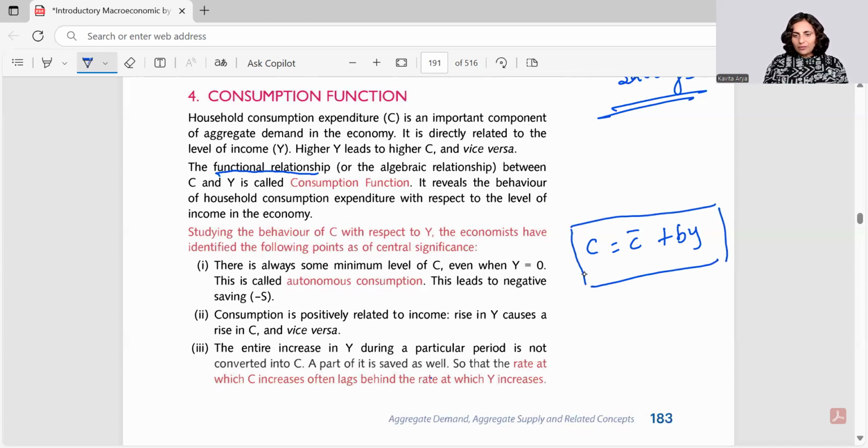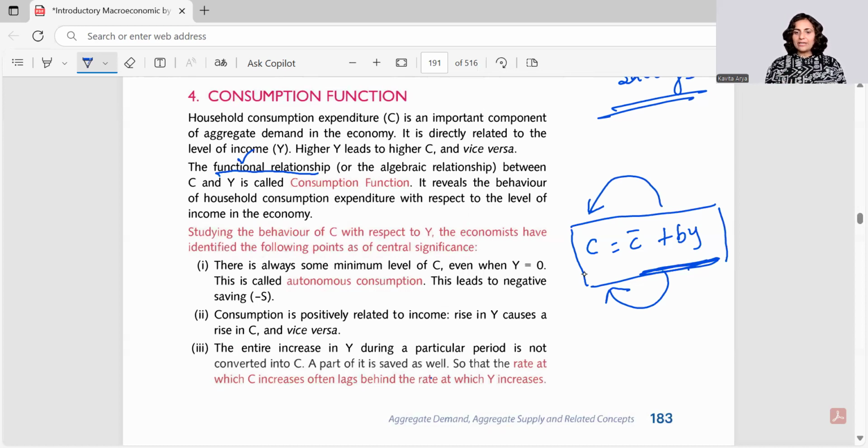So I'm just trying to make you understand why we call it a functional relationship. Functional means any change brought on the right side will bring a change in the left side. So it's a functional relationship. The changes here bring a change here. That's why C is impacted by these two components.